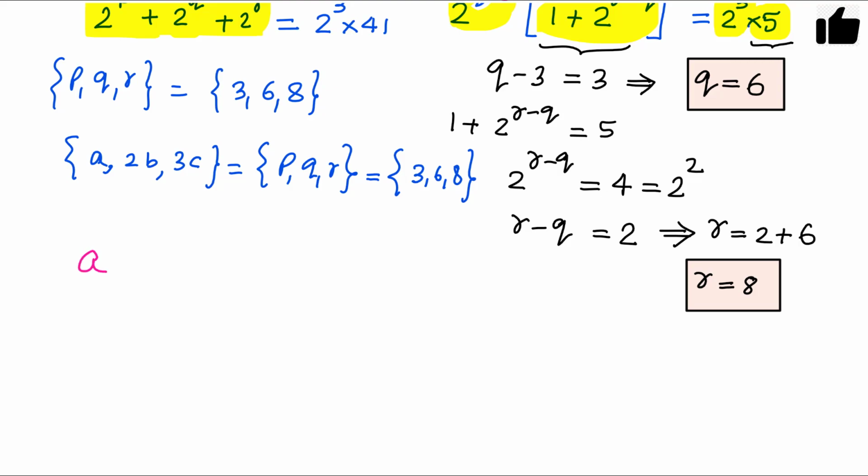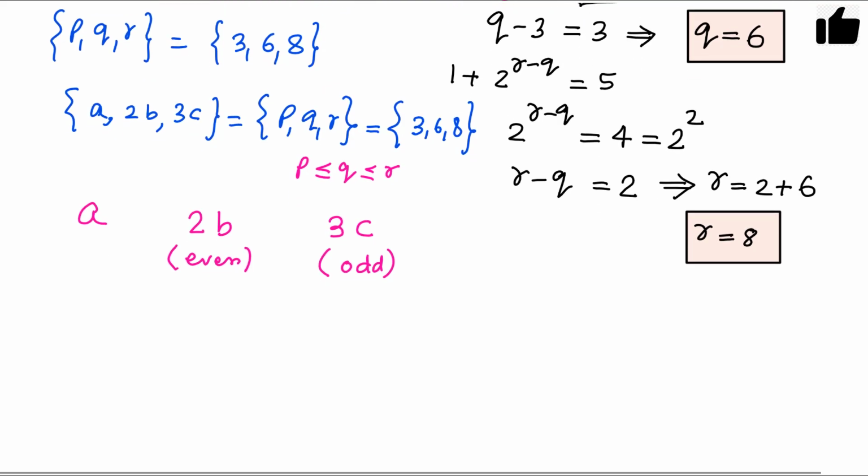So we have a, 2b and 3c. And we have solved this under the condition that p is less than or equal to q and q is less than or equal to r. So what are the possibilities we have? This number 2b is even and 3 times c, this will be odd. So now let us find what possibilities we can have.